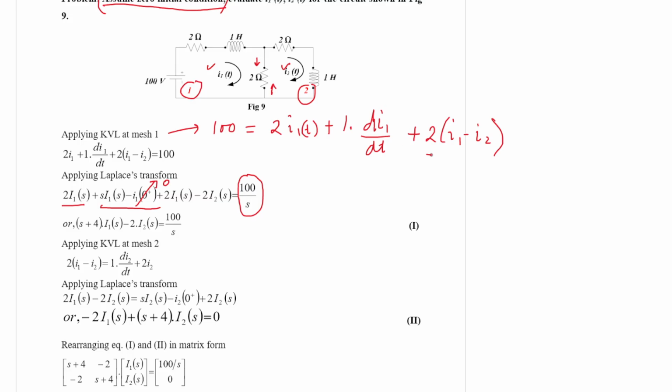Then coming to this term, it will be 2I1(s) minus 2I2(s). Now if you simplify, if you take I1(s) common, then with I1(s) we have s plus 4, and with I2(s) we have minus 2, and that should be equal to 100 by s. So that is equation 1 for us.